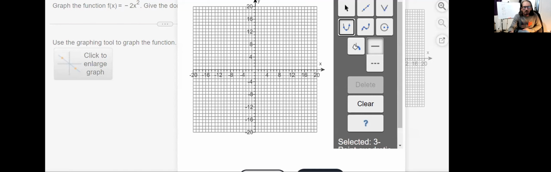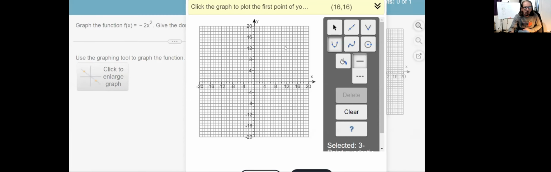And let's see here. Watch the upper right-hand corner here. -3 comma -18. You watch that upper right-hand corner of the pop-up window before you click, and you can be sure that it's plotted where you want it to.